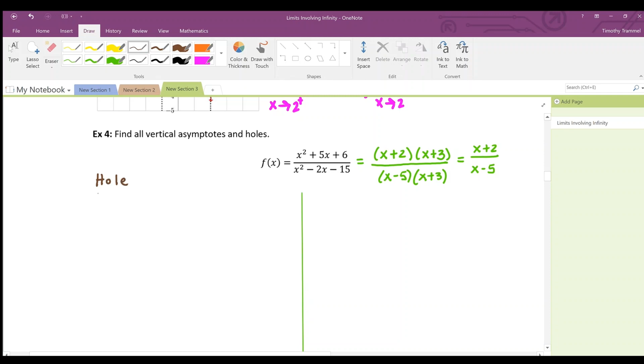So we'll look for the hole here first. And this actually happens at x equals -3.